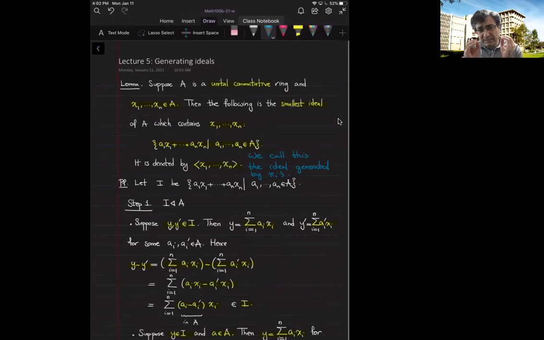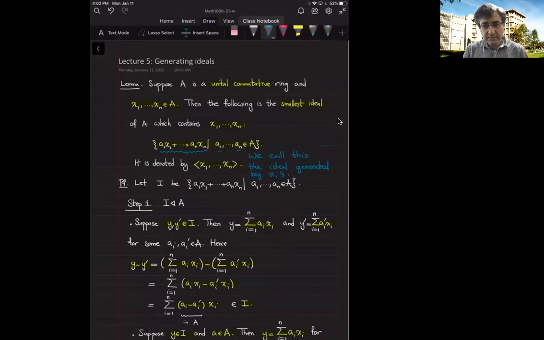Then what is the smallest ideal of A that contains these elements? The claim is that this ideal consists of A-linear combinations of the xi's. What does that mean? This means elements of the form a1x1 + a2x2 + ... + anxn such that the ai's are inside this ring.